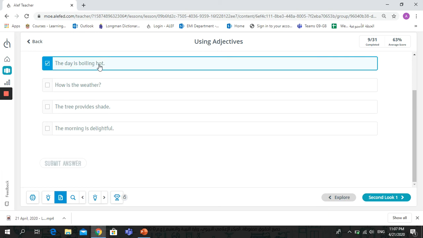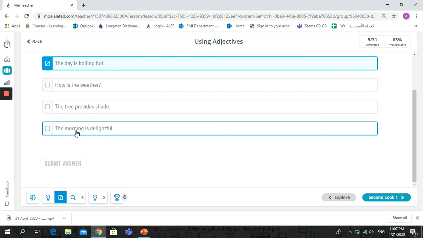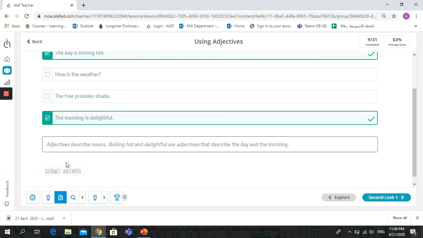The adjective here is hot. And the morning is delightful, means happy. So we have 2 sentences with adjectives, hot and delightful. Let's check our answers together. Well done. So both of them are correct.